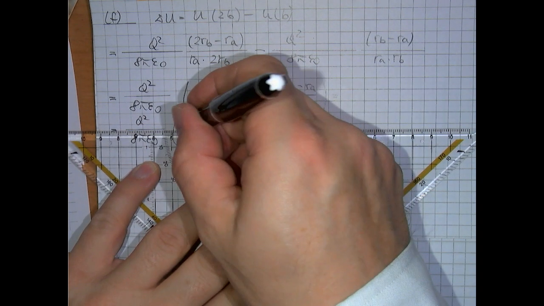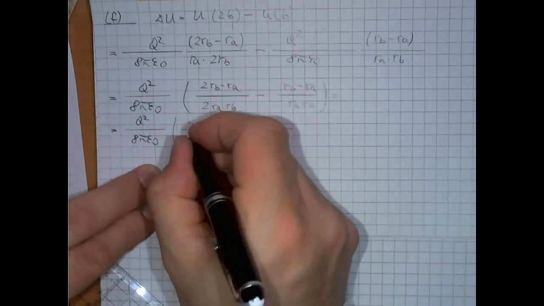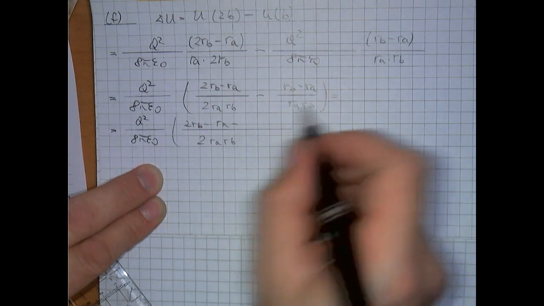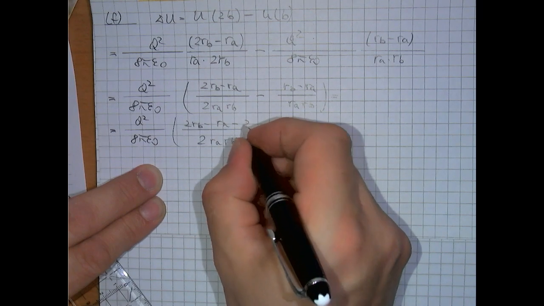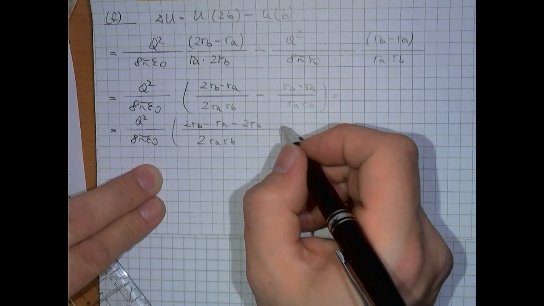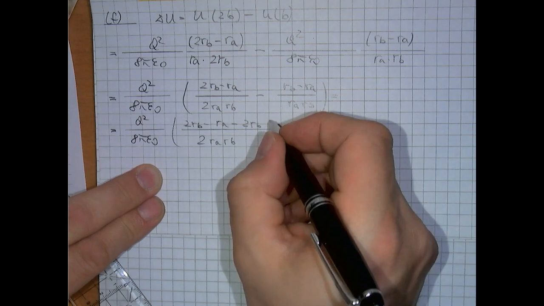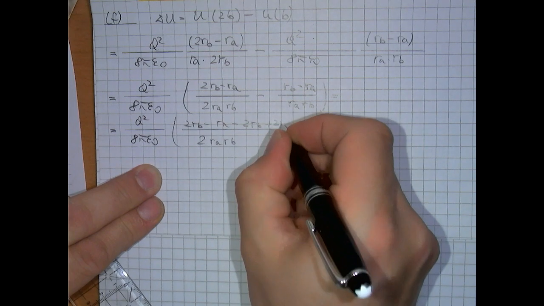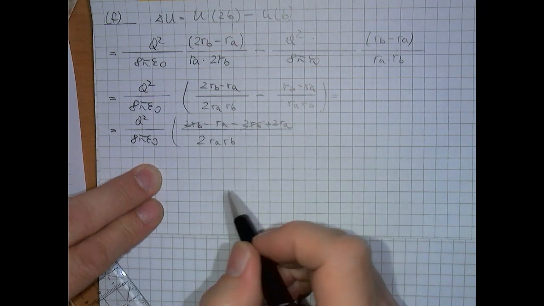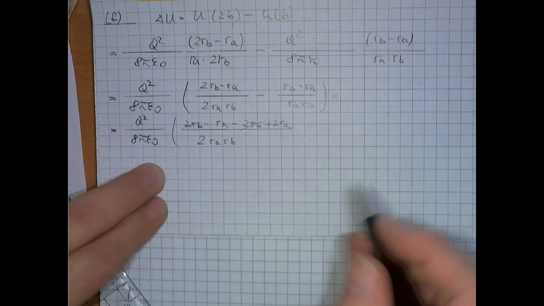Well, we take here 2 r_A r_B. This is then 2r_B minus r_A minus, and multiply this by 2, then we have minus 2r_B plus 2r_A. So then this goes out, and then you have here plus r_A, plus 2r_A, minus 2r_A.